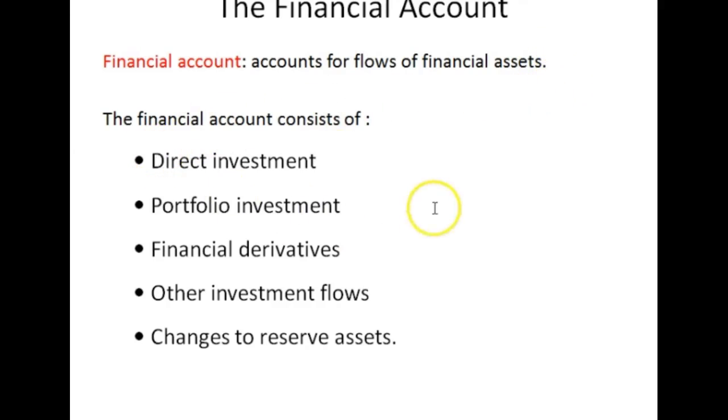Financial account, which is a part of capital account, consists of the record of direct investment, portfolio investment, financial derivatives, and other investment flow, and also change to reserve asset.